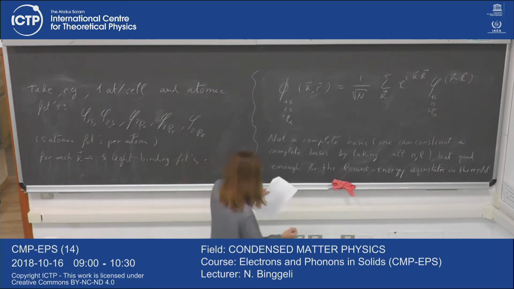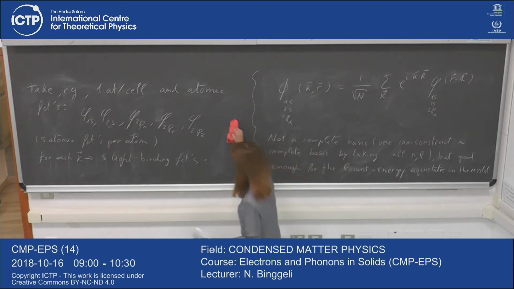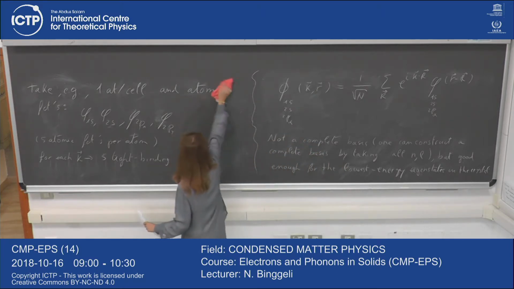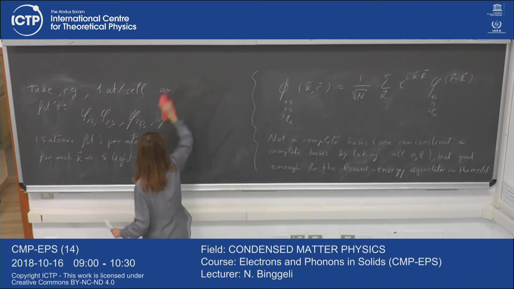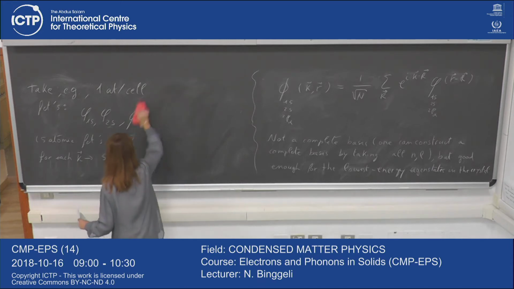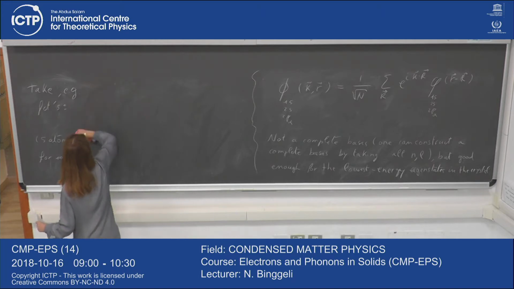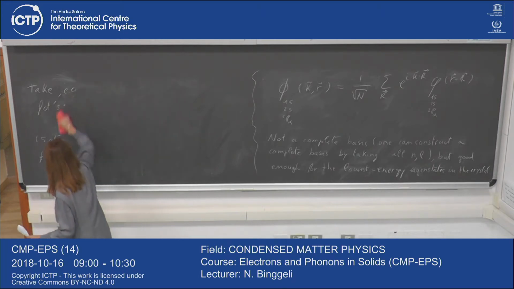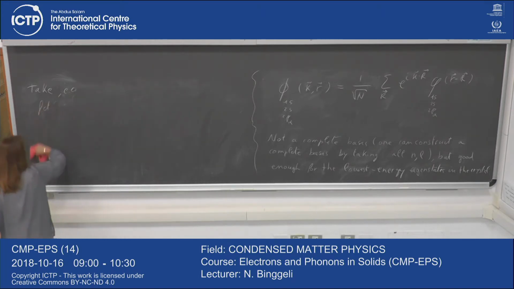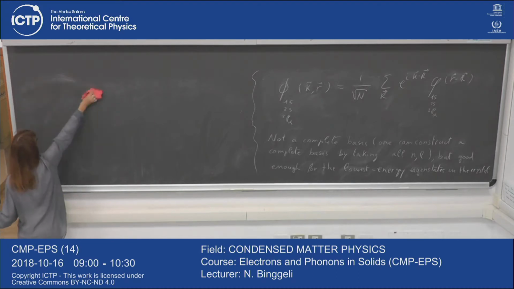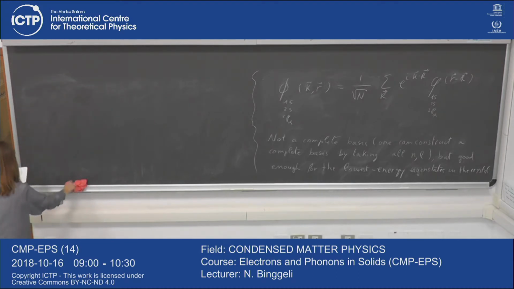Okay, so now that we have Bloch states from linear combinations of atomic orbitals, we need to impose Schrödinger's equation to get the crystal states. So this is the next step.